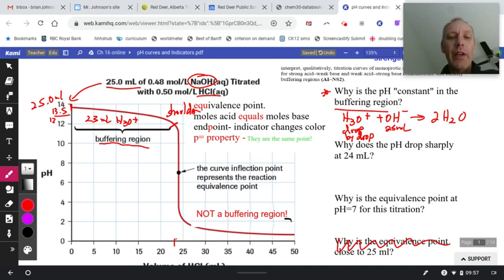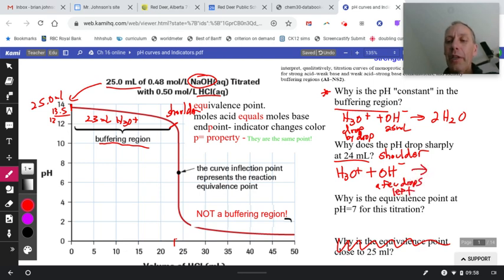Our pH stays high. Okay, why does the pH drop sharply at 24 mil? So at our shoulder, why does the pH suddenly drop? So we're still adding H3O plus to the OH minus, but at the shoulder, there are only a few drops left. So we're making water again, but there's almost no hydroxide to neutralize.